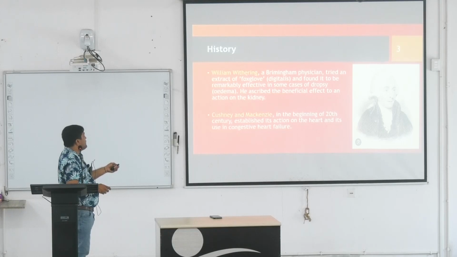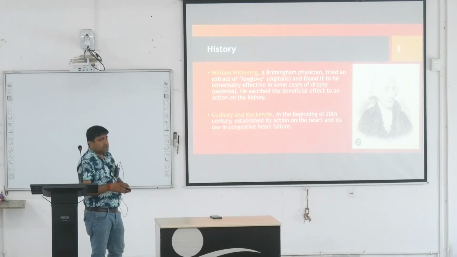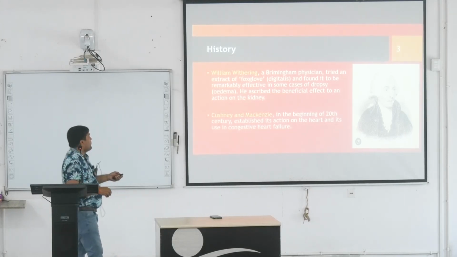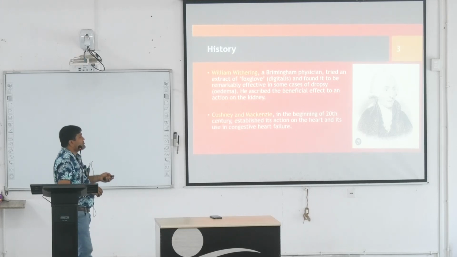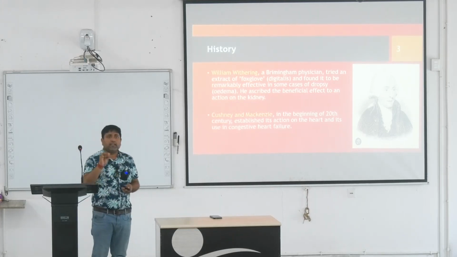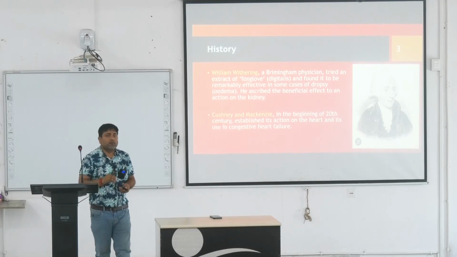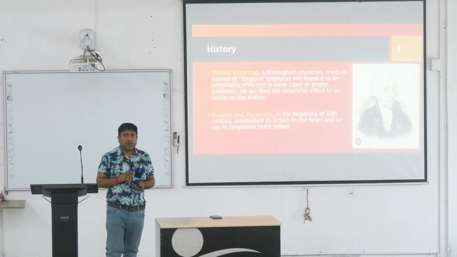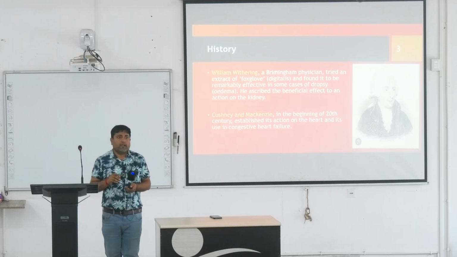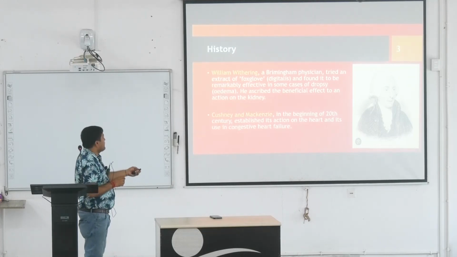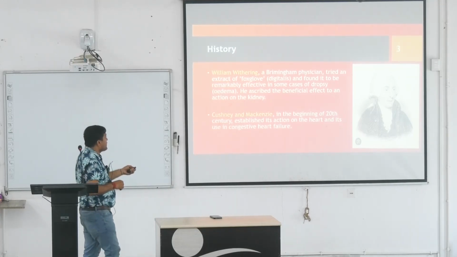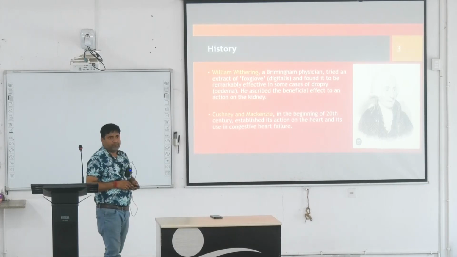William Withering was a Birmingham scientist who basically tried an extract of foxglove containing digitalis on a patient of dropsy. Dropsy means having edema, and he found it to be remarkably effective in some cases of dropsy.